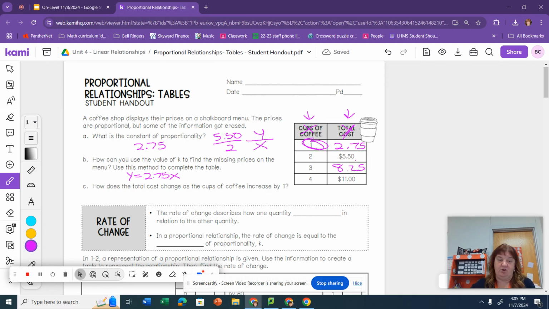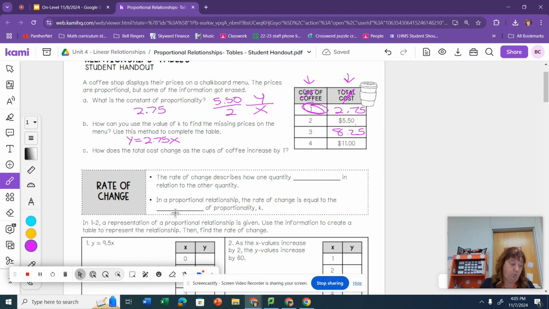So let's get into our notes here. The rate of change describes how one quantity changes in relation to another quantity. In a proportional relationship, the rate of change is equal to the constant of proportionality.